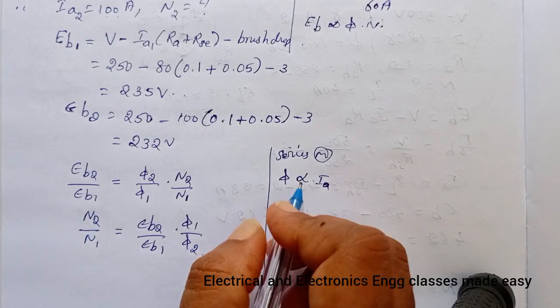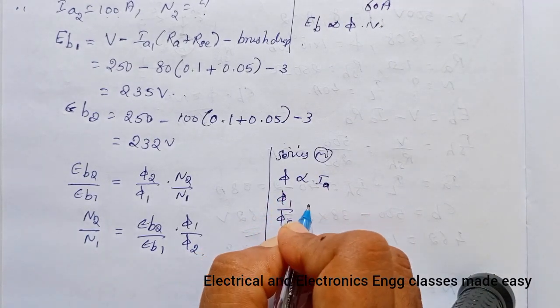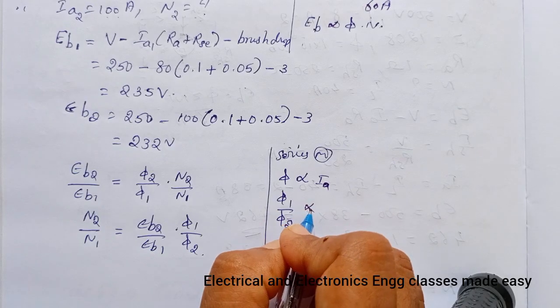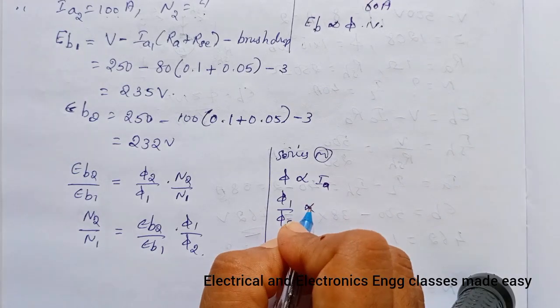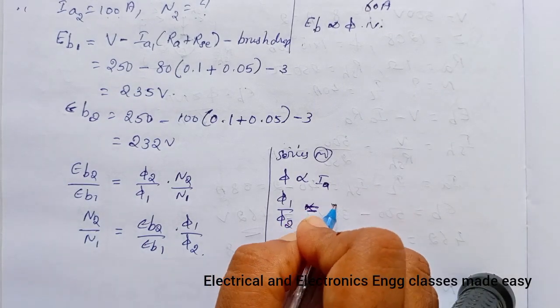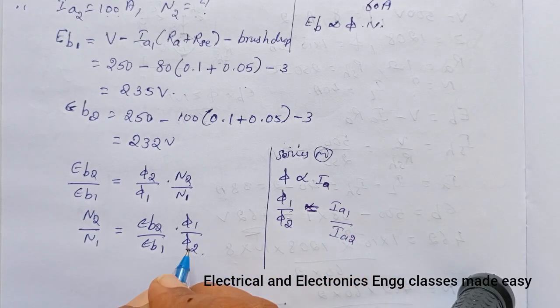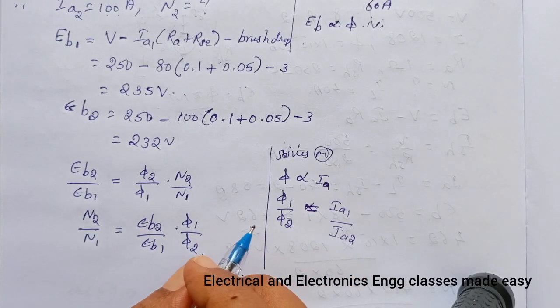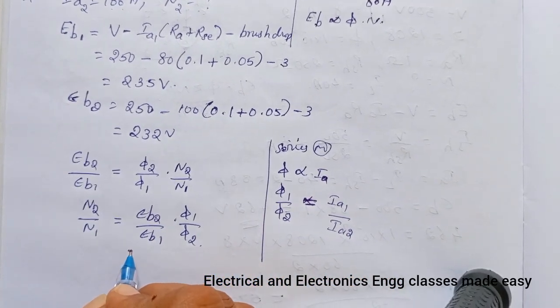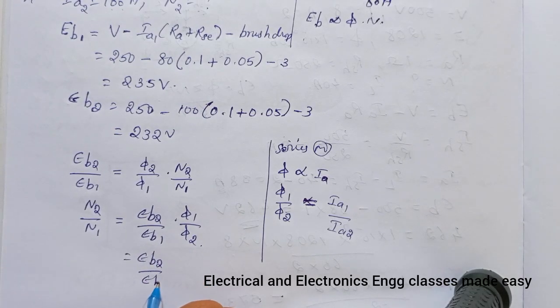So we can write phi1 divided by phi2 equal to Ia1 divided by Ia2.